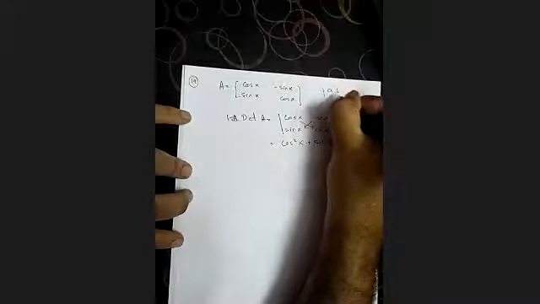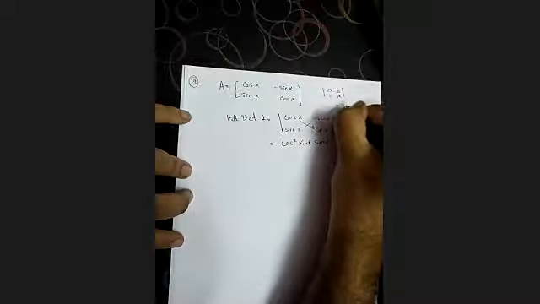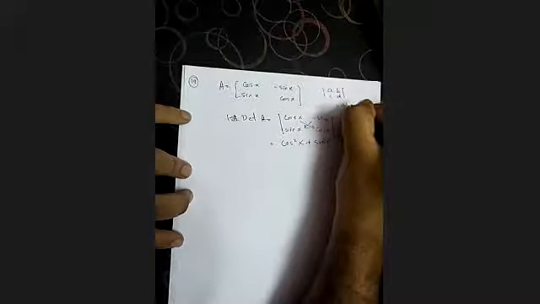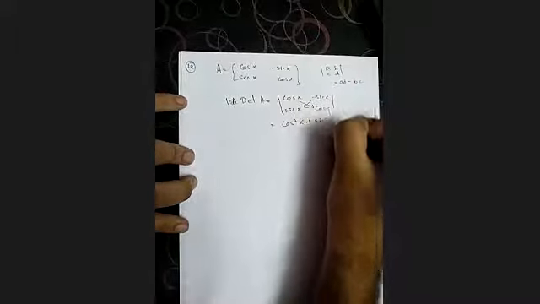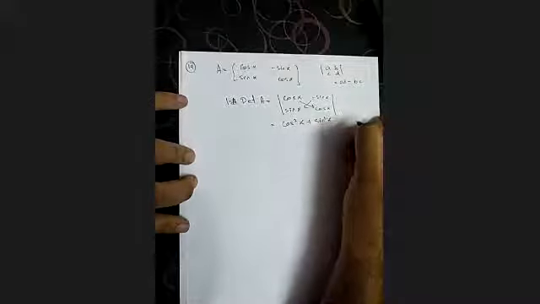Minus and minus will become plus. What is the formula? For a matrix a b c d, it is AD minus BC. Now cos square alpha plus sin square alpha will be equal to 1. So that is 1. Now you are finding the adjoint.